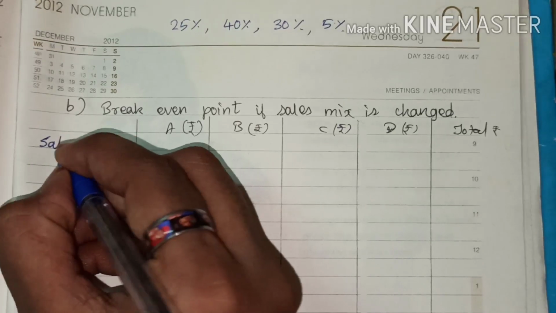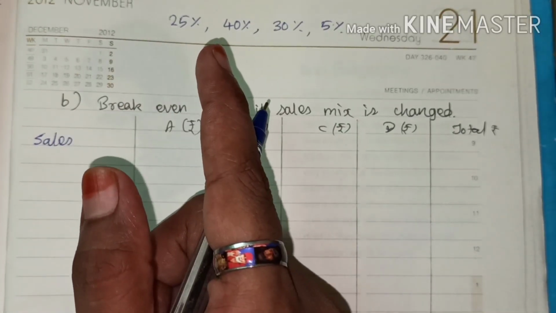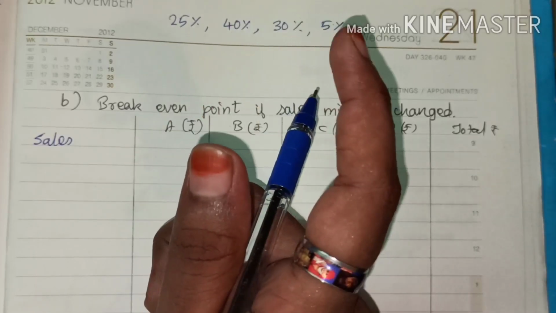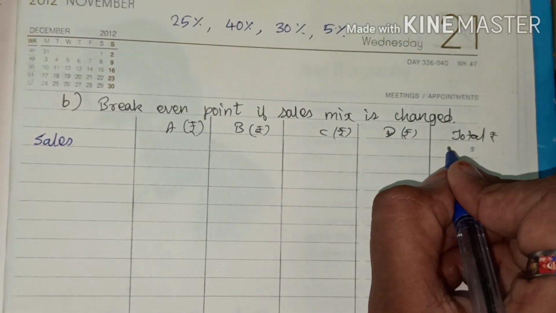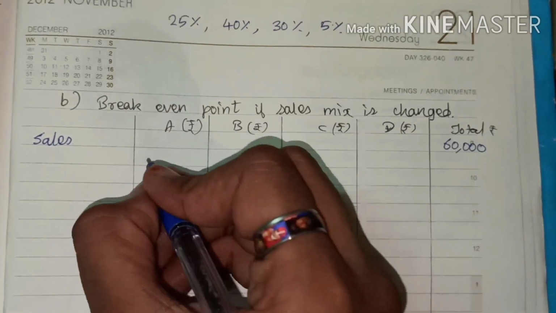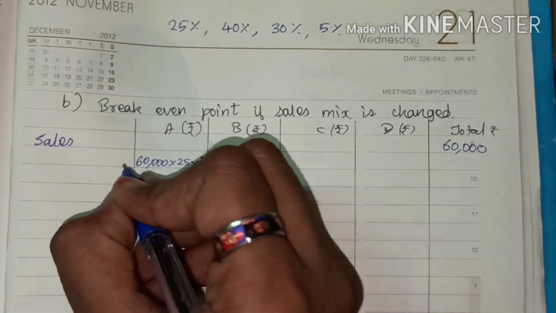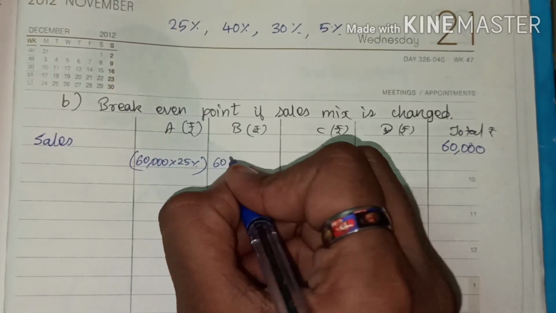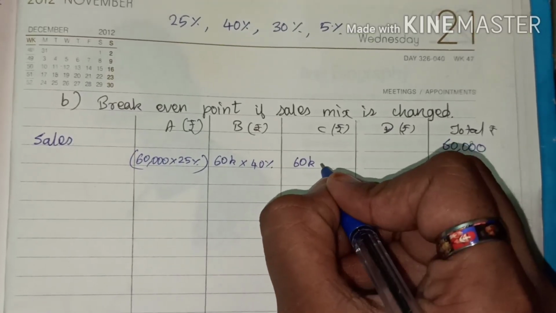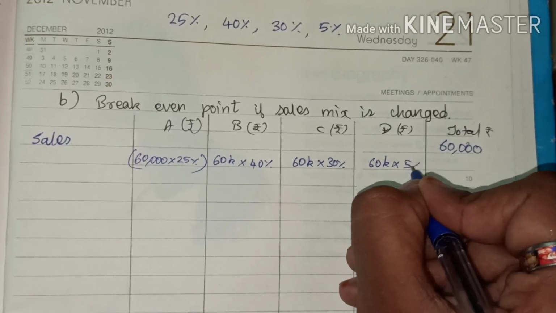First one is sales, and they have given in the question that the total sales, that is 60,000, is not changed and has remained the same. So we put 60,000 as it is, and then we calculate like this: 60,000 into 25%, and 60,000 into 40%, 60,000 into 30%, and 60,000 into 5%.